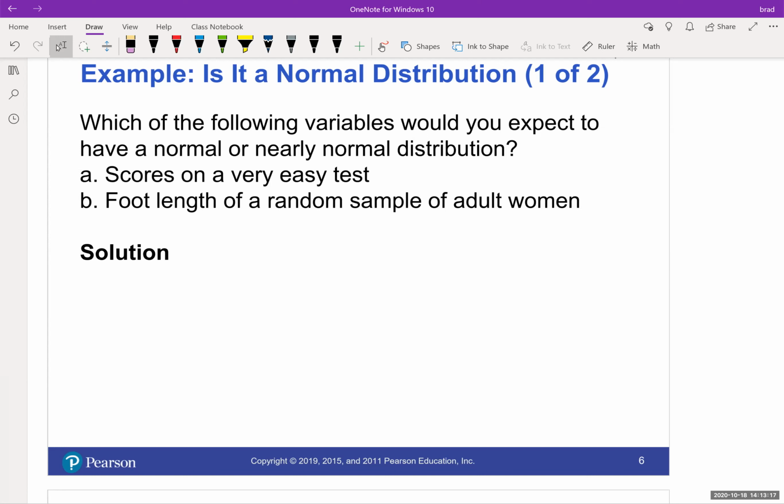So scores on a very easy test. Wouldn't you think that it's going to be, you know, something, I don't know the exact look of it, but if we were going to do it in scores, let's say that this was 100%, this was 50%, and this was 0%. No, you know what?